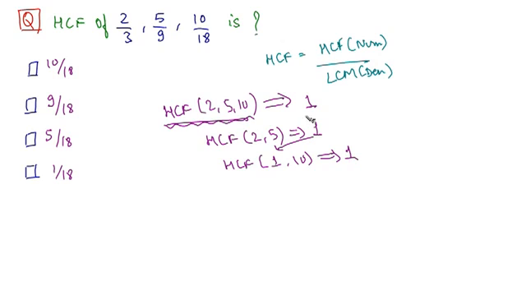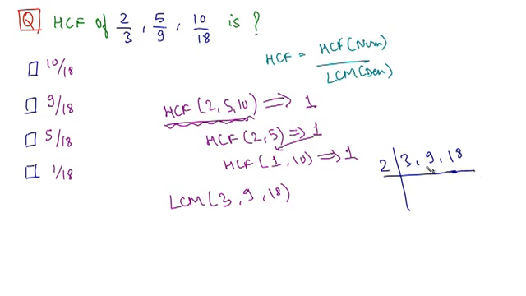Now we have to find the LCM of denominators, that is 3, 9 and 18. How do we find this? Let's find this using the division by primes method. We write 3, 9 and 18 here, and start dividing by the lowest prime number, that is 2. 2 cannot divide 3, 2 cannot divide 9, but 2 can divide 18.